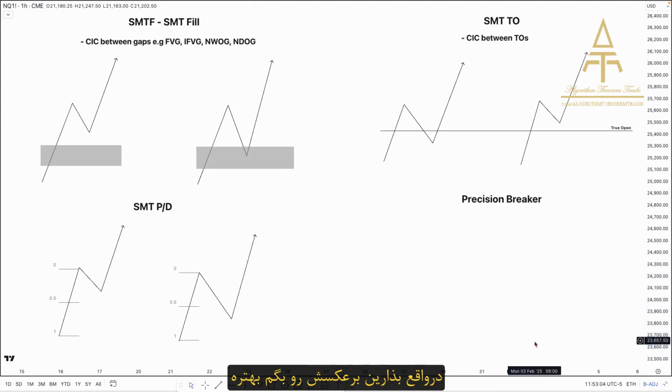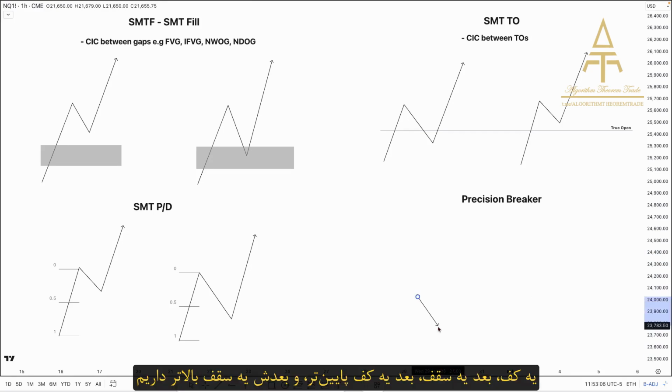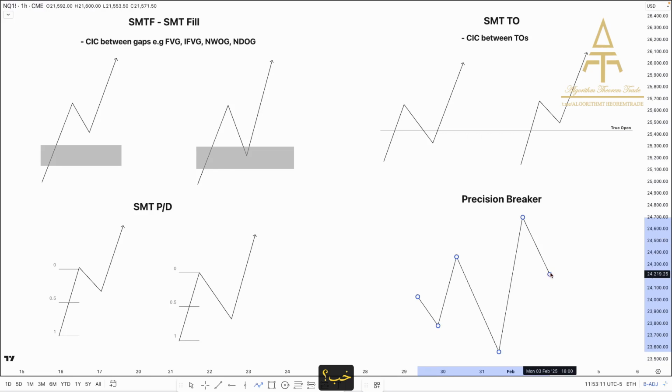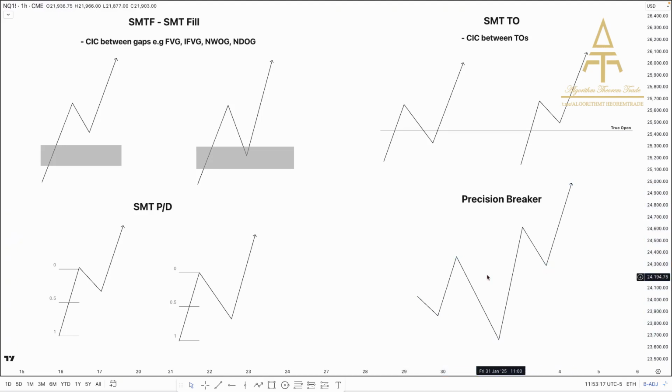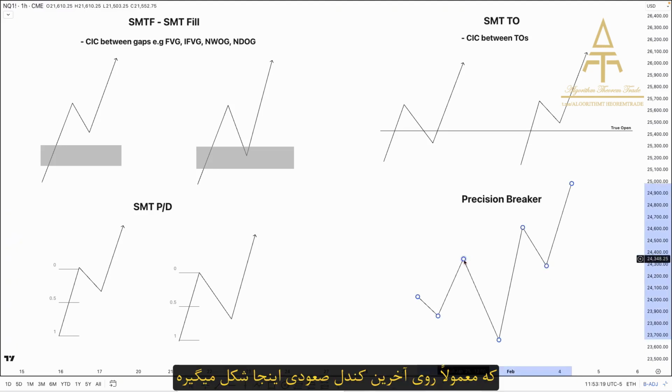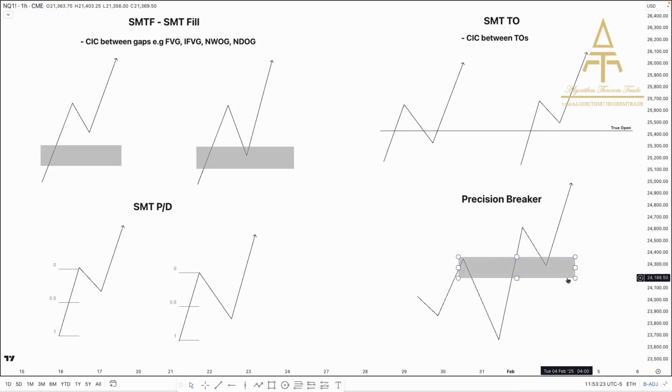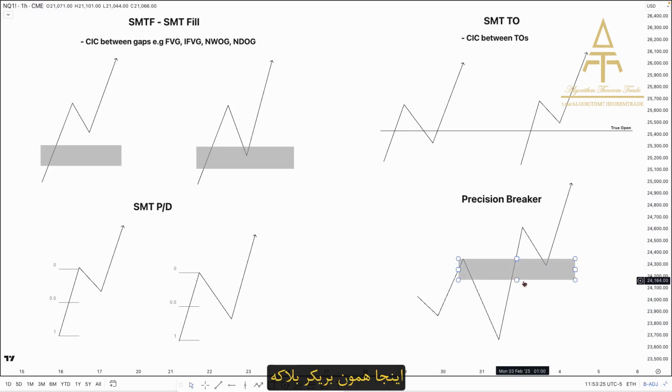Actually, I'll do it the other way around. We have a low, a high, a lower low, and then a higher high. This is our precision breaker, our typical breaker block, with it being on the last up close candle here. This is our breaker block.